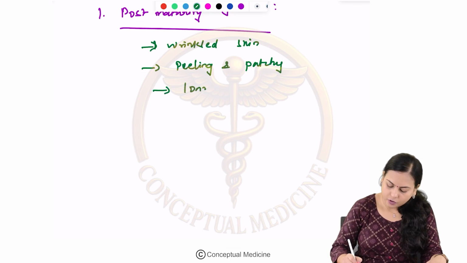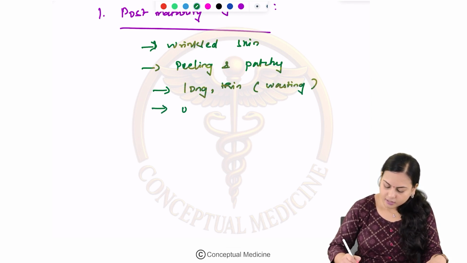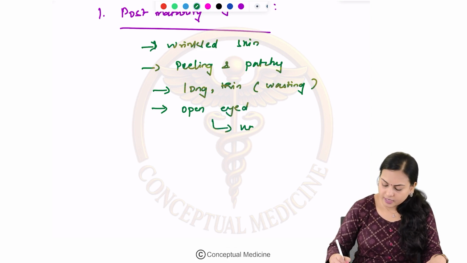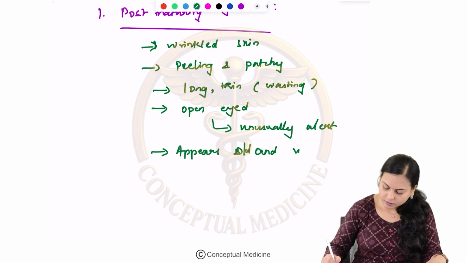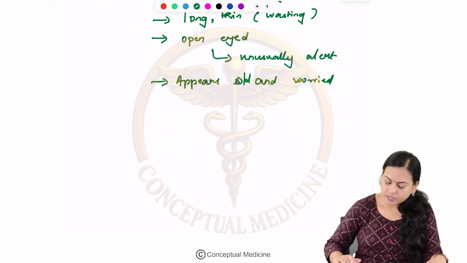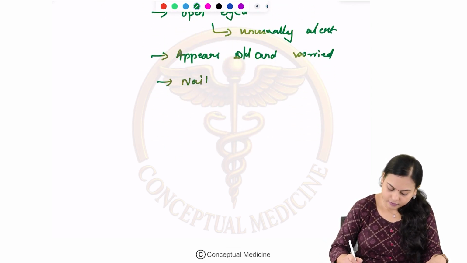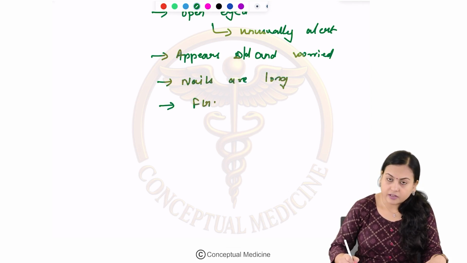The body will be long and thin because of the wasting, and the baby will be open-eyed, looking unusually alert. It appears old and worried. The nails are long. FGR may be seen.